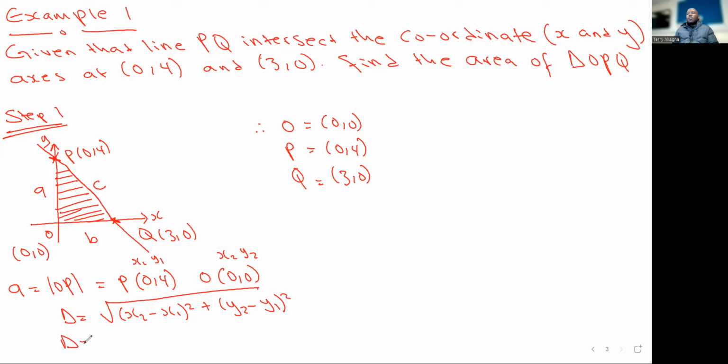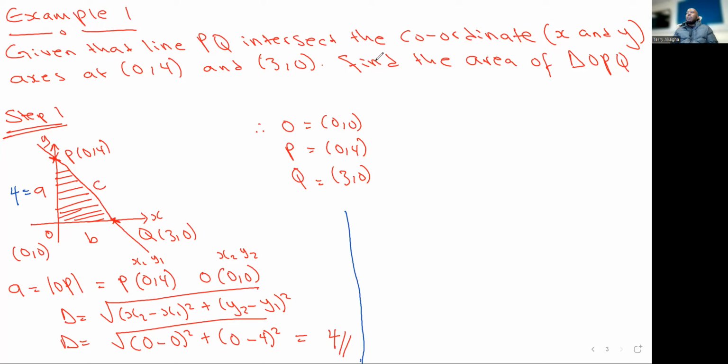So the distance is the square root of 0 minus 0 all squared plus 0 minus 4 all squared. This is 4 squared, 16, and that will give you 4. So A is equal to 4.